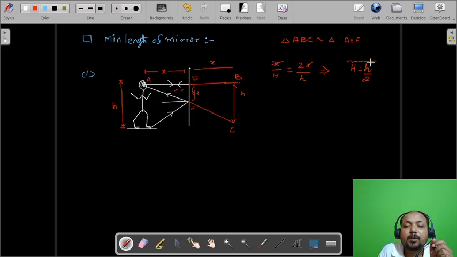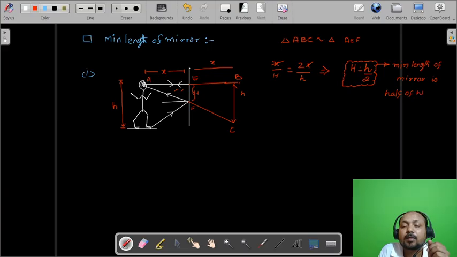This is the minimum length of mirror required to view the full image of an object of height h. Here we can observe that the minimum length of mirror is half of the height of the object.